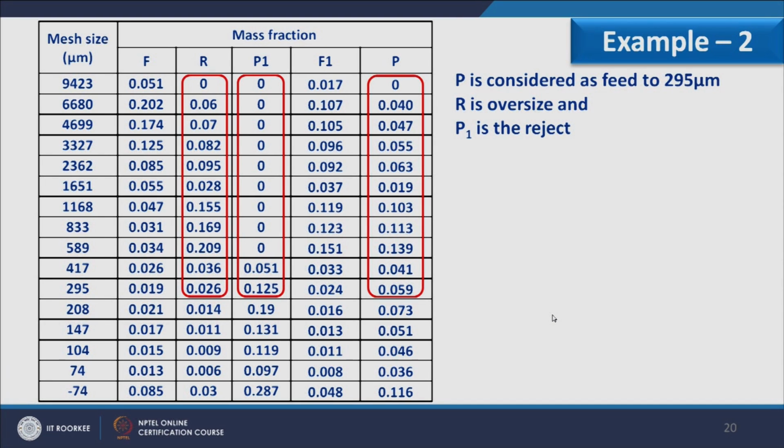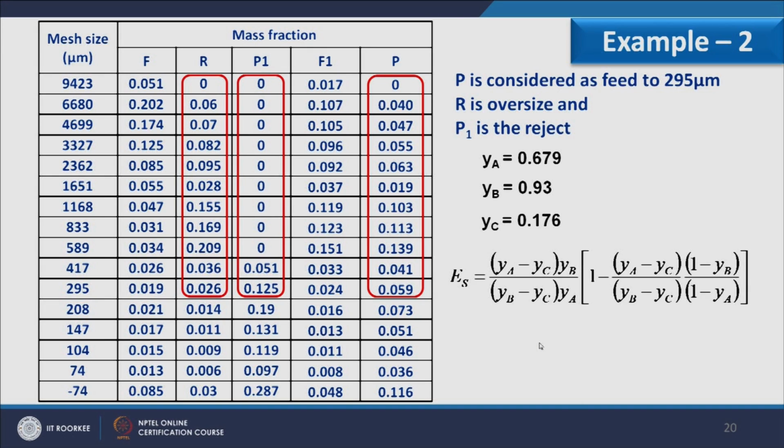We have to calculate YA, YB and YC. YA is the desired material in feed. So, in this case all these fractions combined will give the YA. YB is the R value up to here, and YC is basically the P1 value up to the 295 screen.